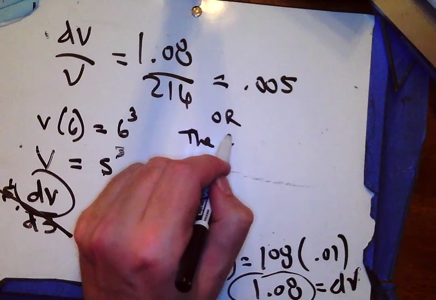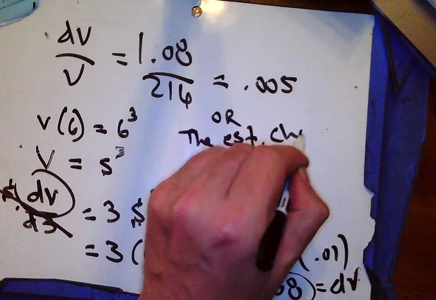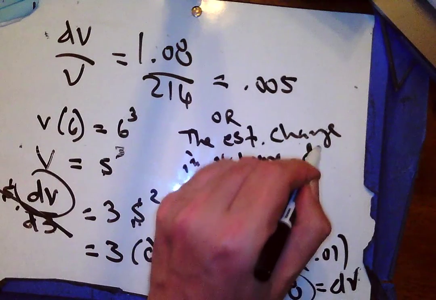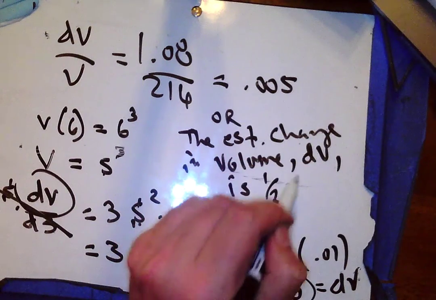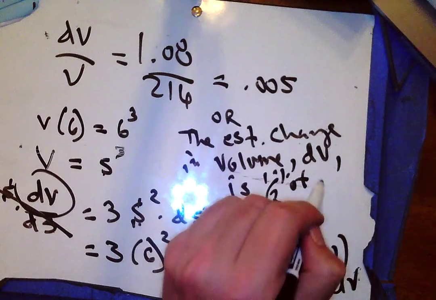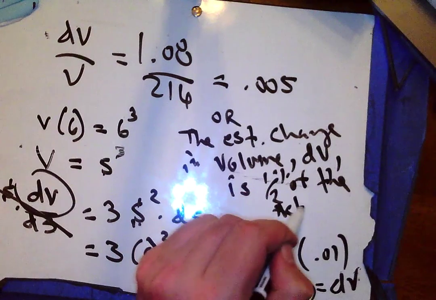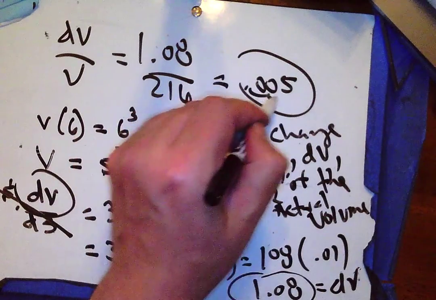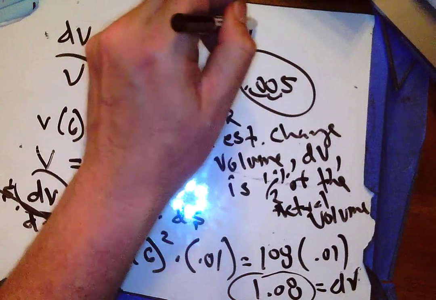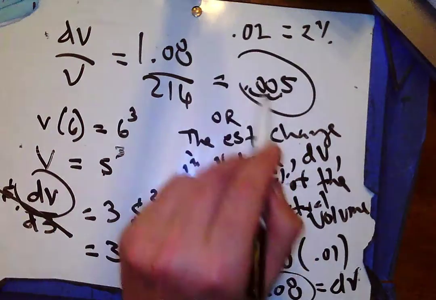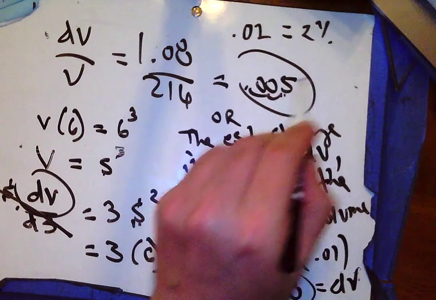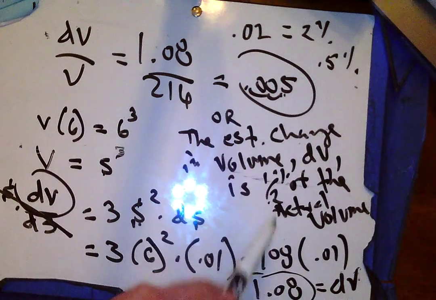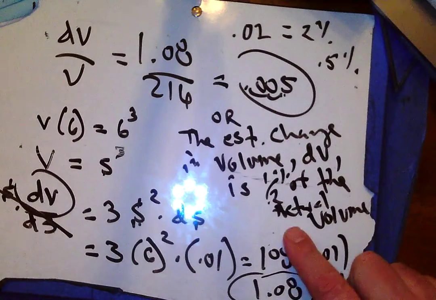The estimated change in volume, dv, is 0.5% of the actual volume. How did I know that? I moved the decimal point over 2, right? Because if you had 0.02, you'd say, oh, that's 2%. Well, I moved my decimal point over 2 and got 0.5%. So within 0.5% of the actual volume.